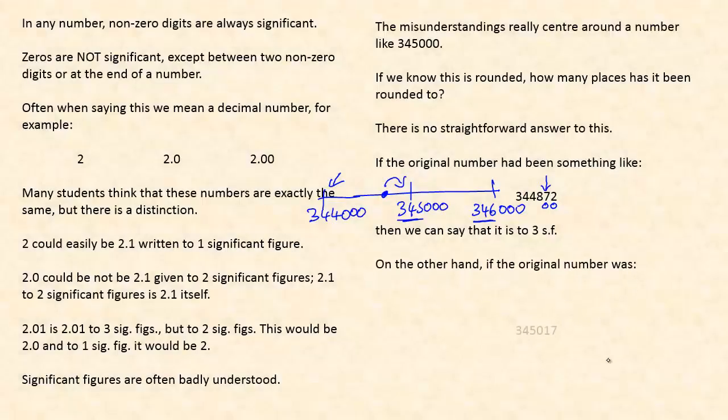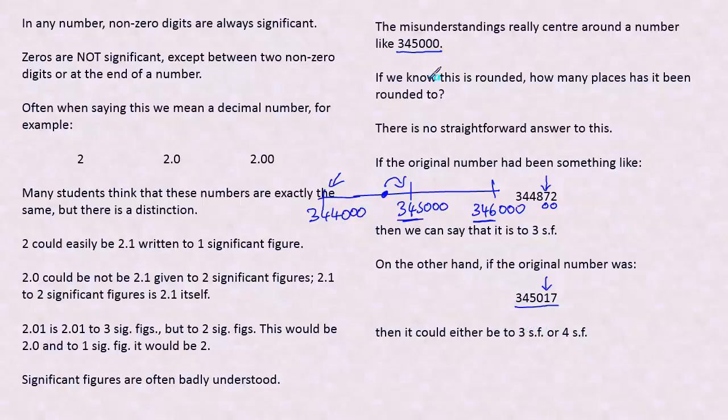On the other hand, if the original number was this, then we could have rounded to 3 significant figures or to 4 significant figures. If we think about 4 significant figures, the 5th significant figure is here, the 1, and that wouldn't change this 0. So we could just as easily have this as this number written to 4 significant figures.